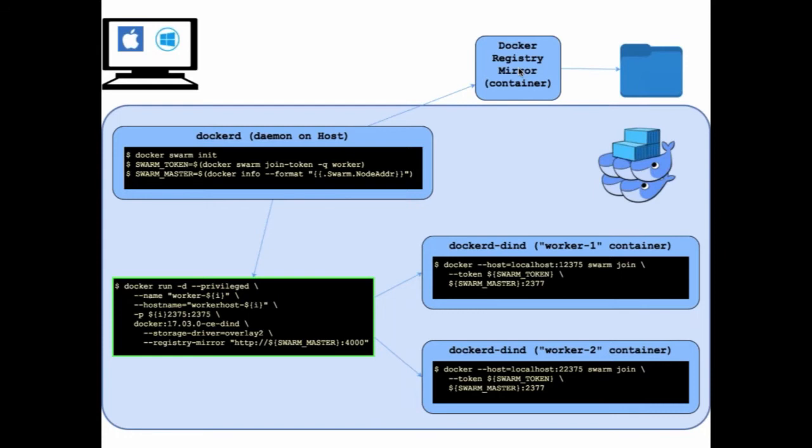Just to speed things up. To run a Docker daemon, Docker in Docker, you need to run the container provided by the Docker team. It's called the dind container, in privileged mode. That's all. And expose its port to allow access to this container. Let's see the demo.